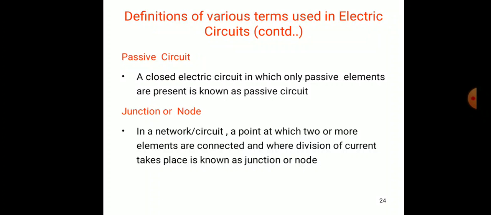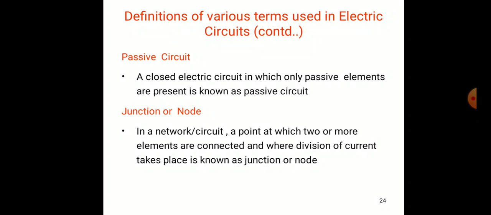How can we connect the circuit? Whenever we connect, we get some junctions or nodes. A junction in a network or circuit is a point at which two or more elements are connected and where division of current takes place; it is known as a junction or node.